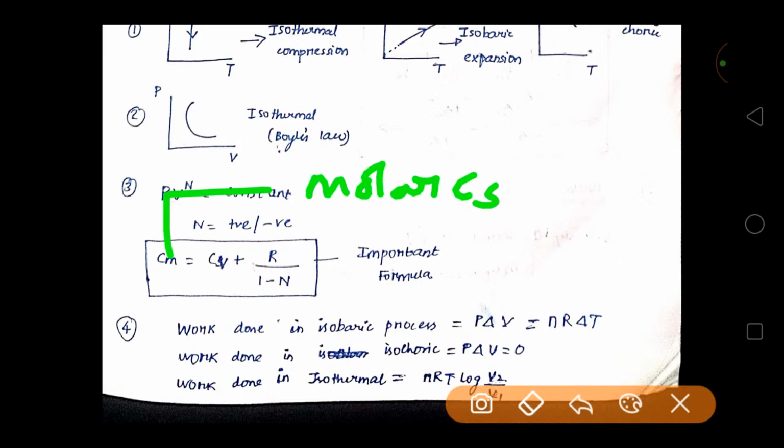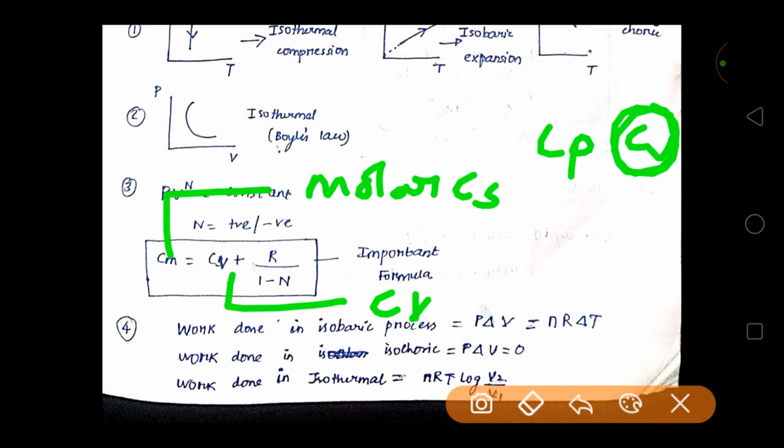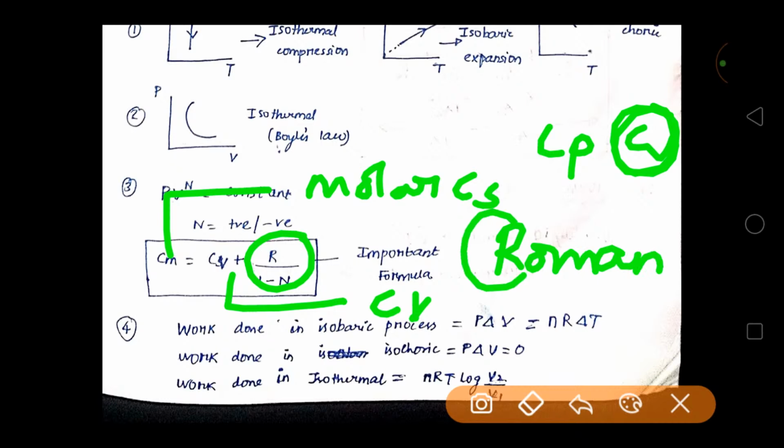Molar specific heat capacity is equal to Cv, where Cp and Cv are the two. In that, you are taking Cv plus R by 1 minus n. How to remember this? R by 1 minus n. Remember Roman: R by O means 1, M means minus, N.